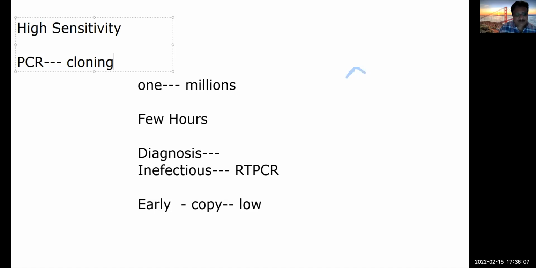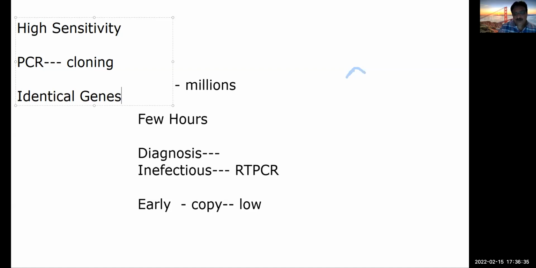When you put a single page on a Xerox machine and give instruction whether to print 5 or 10, all the copies that come out are identical. So the spirit of cloning is to generate identical genes, right? And that is possible through PCR.